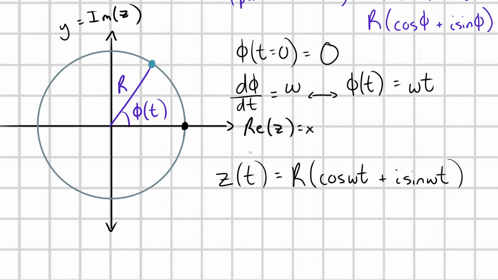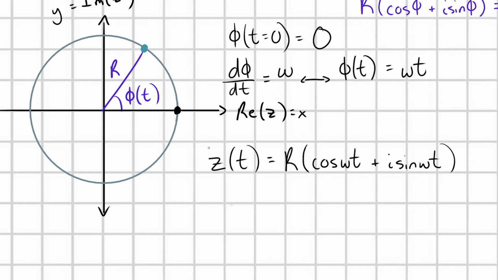So in other words, at t equals 0, I am in fact at r in the x direction. And that's it. Beautiful. So this equation perfectly describes the motion of my particle, which is going around in a circle with some constant angular velocity omega.